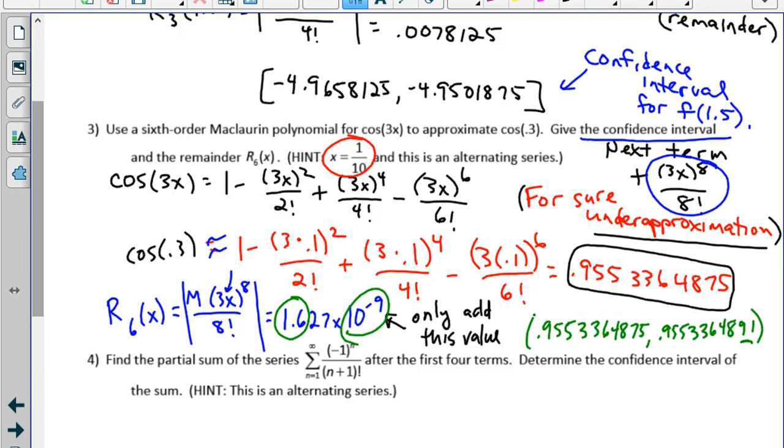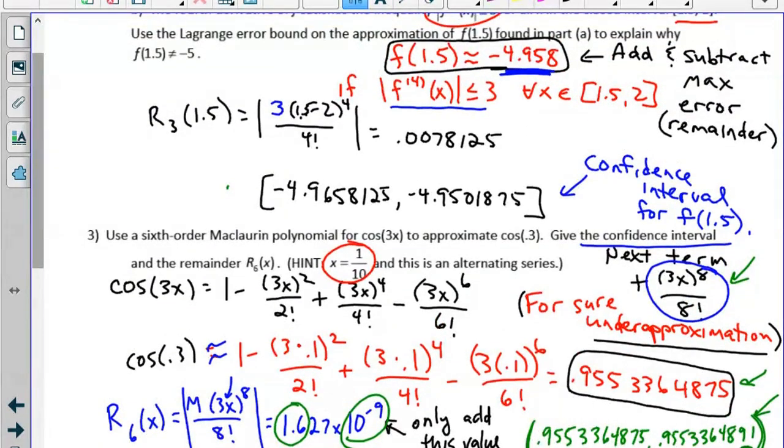Also notice that I have parentheses here because I know that this is smaller than the answer, and I know that this is bigger than the actual answer because then the term after, 3x to the 8th over 8 factorial, is going to subtract it again and move it back down. Whereas in a problem like this one up here, I probably should have made this one a parentheses, but I can't necessarily exclude this number.